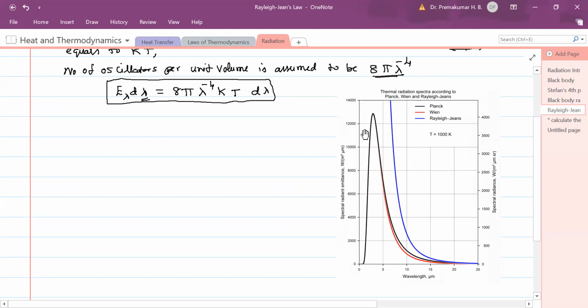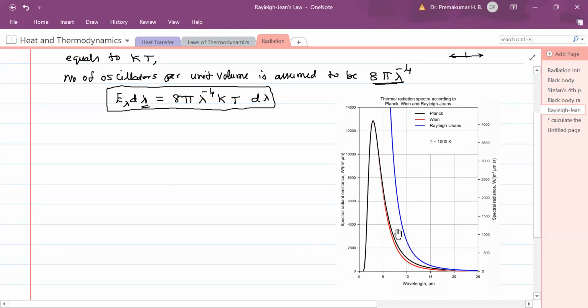They could not even explain it. According to them, at this wavelength, energy radiated by the black body has to be very high. And if it goes towards the higher wavelength, somehow it is coming.